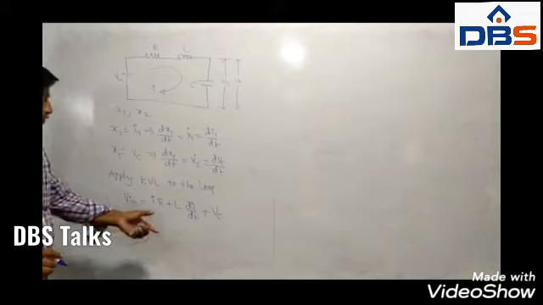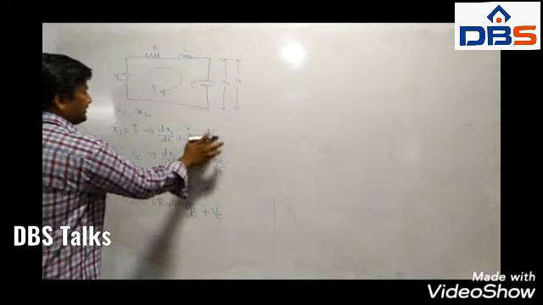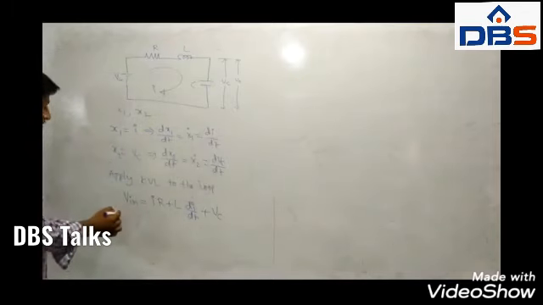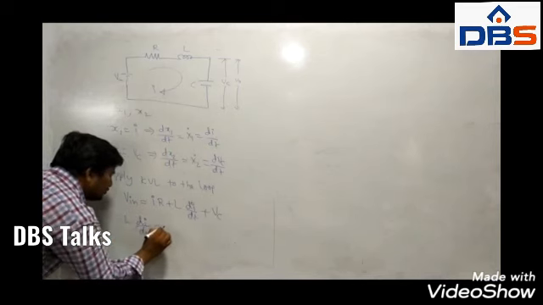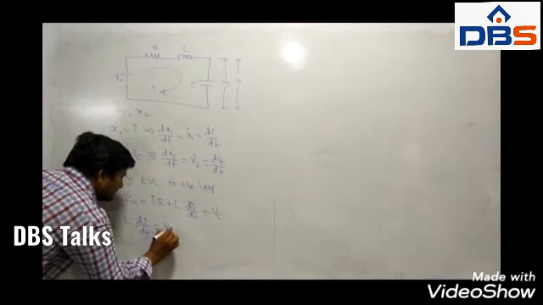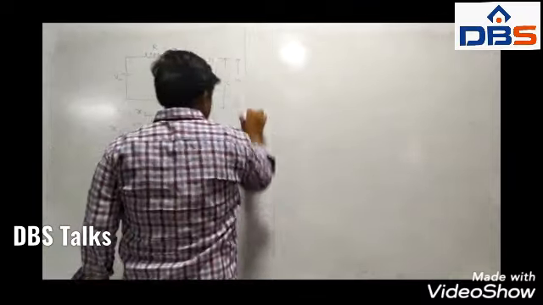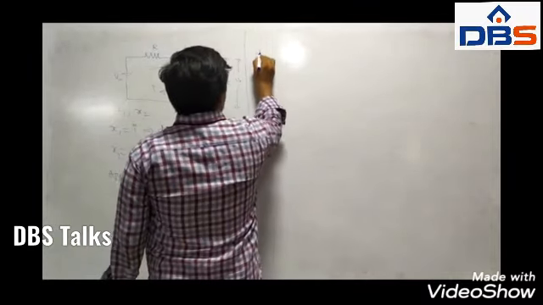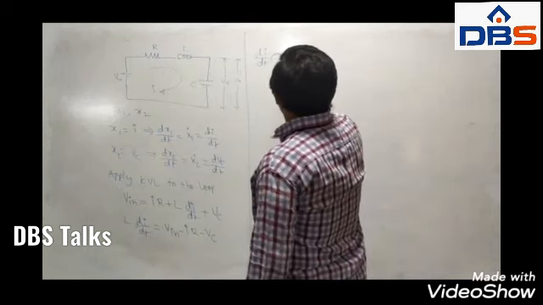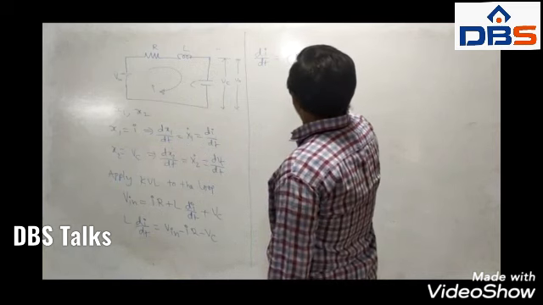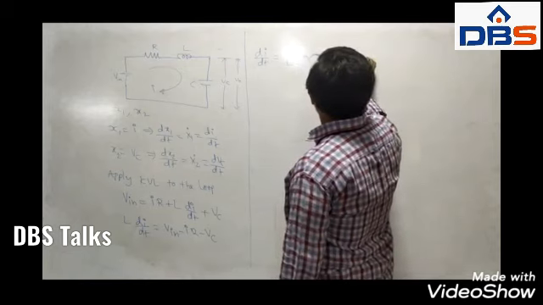From this we want di by dt, so separate it: L into di by dt equals VIN minus IR minus Vc. Therefore di by dt equals 1 by L VIN minus R by L I minus 1 by L Vc.